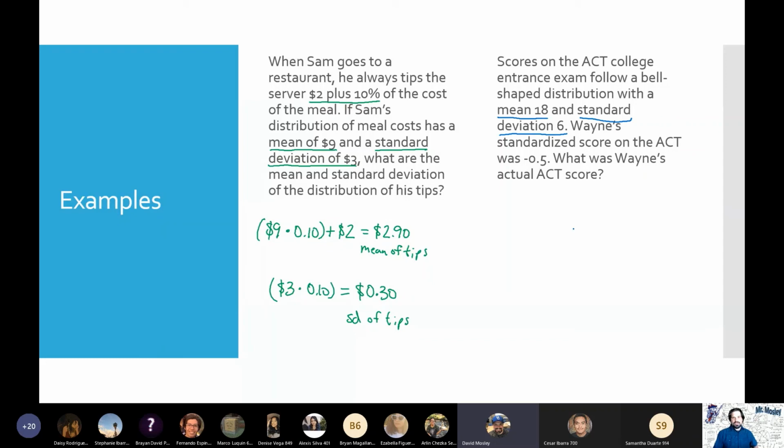In this case, we're using what we know about how to calculate a z-score to reverse the transformation back to our original score. So we just fill in what we know. We have the z-score of negative 0.5, and that needs to be equal to the original score minus the mean, 18, divided by the standard deviation of 6.